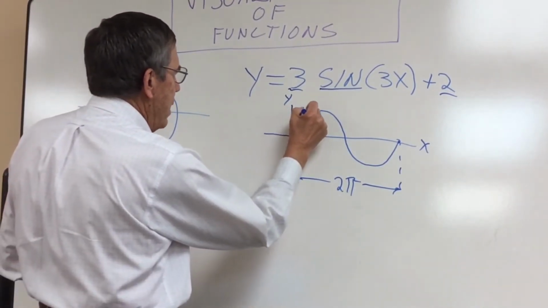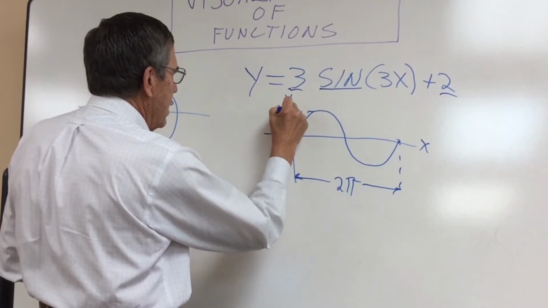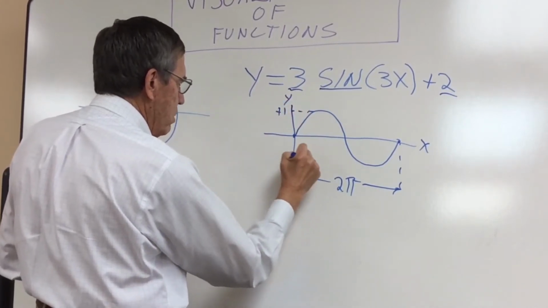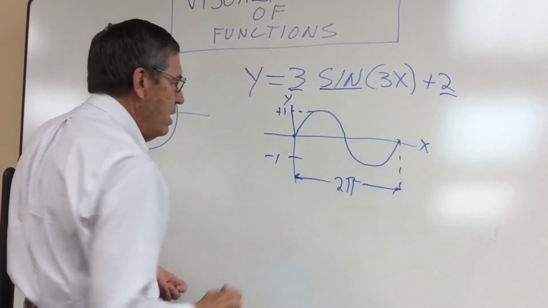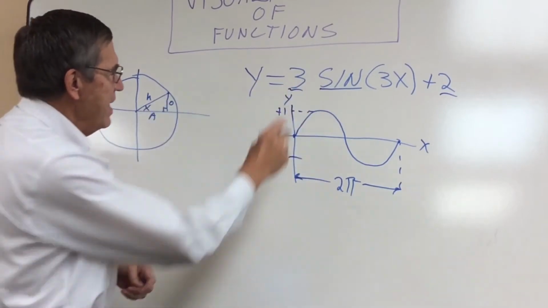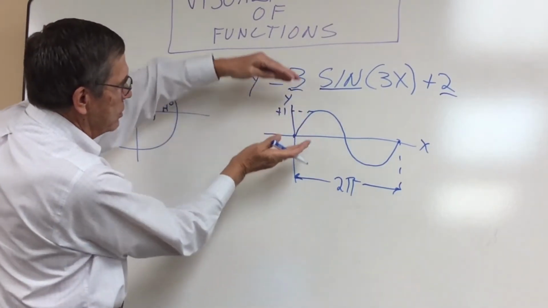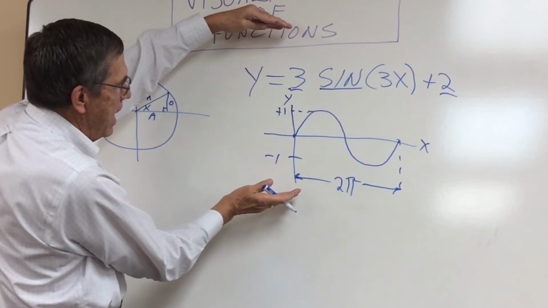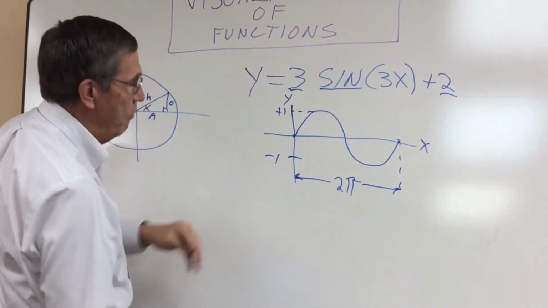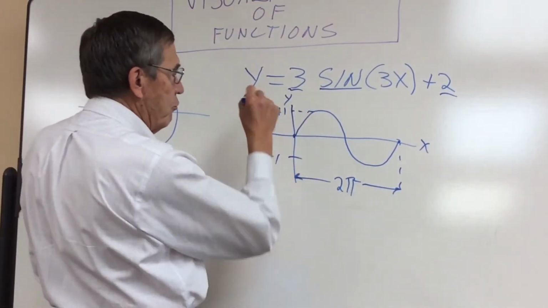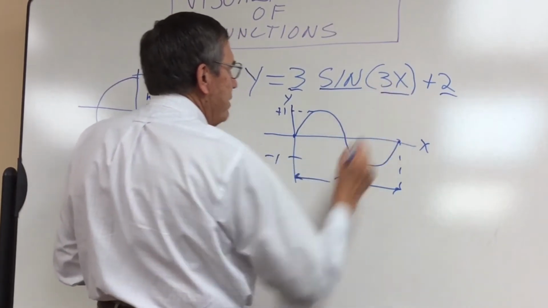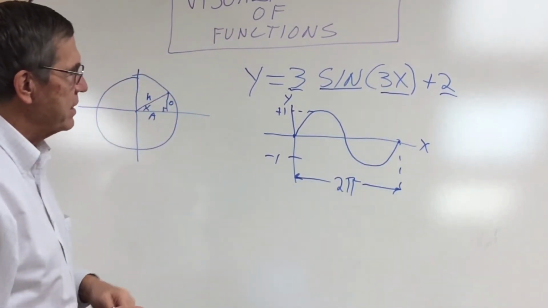And whereas the normal sine function has a +1 to -1 range, this would tell us that the function would go 3 high and 3 low. Okay? We're going to draw this in a second. What about this? The 3x.